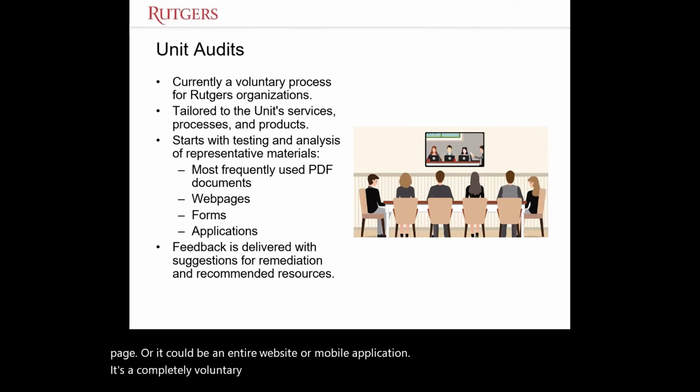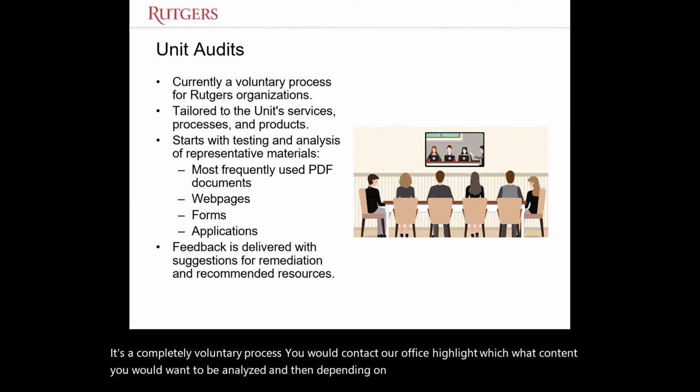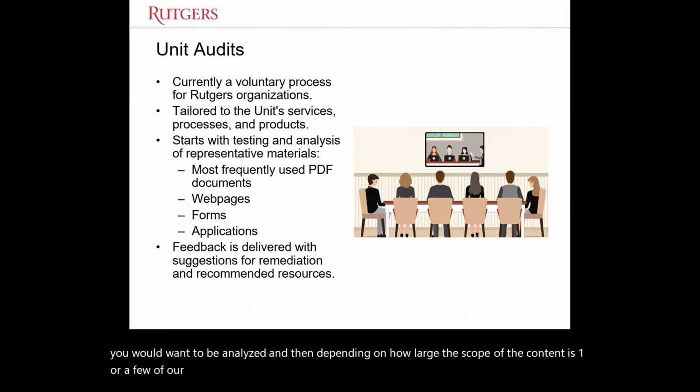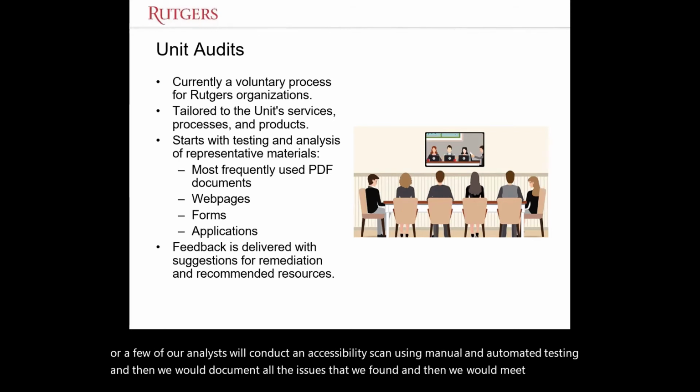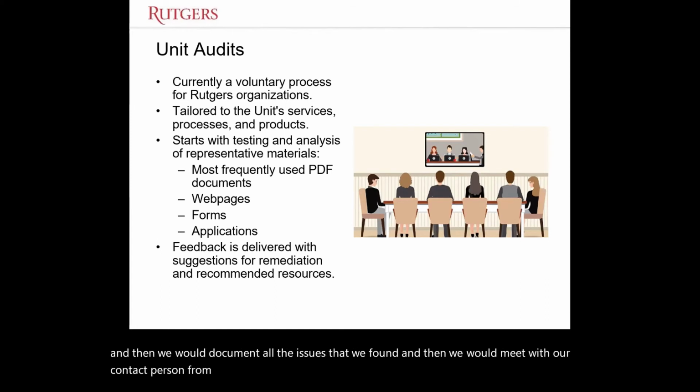You would contact our office, highlight what content you would want to be analyzed, and then depending on how large the scope of the content is, one or a few of our analysts will conduct an accessibility scan using manual and automated testing. Then we would document all the issues that we found, and we would meet with our contact person from your department and deliver our findings and provide any remediation suggestions.